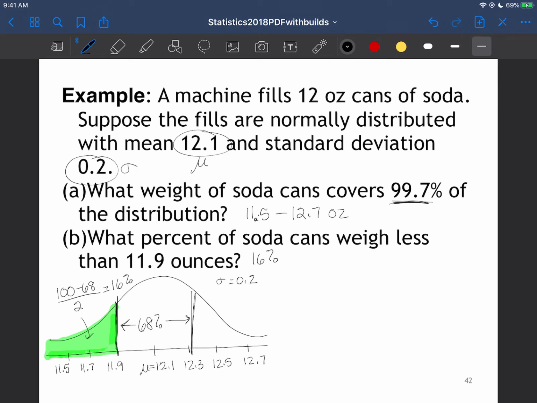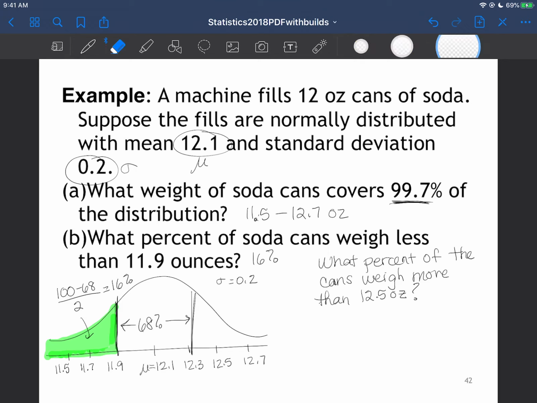What if I asked you instead what percent of the cans weigh more than 12.5 ounces? Well, if I look at my picture here, oh no, that was big.